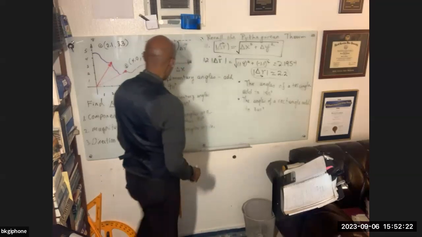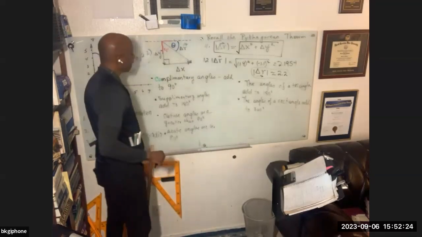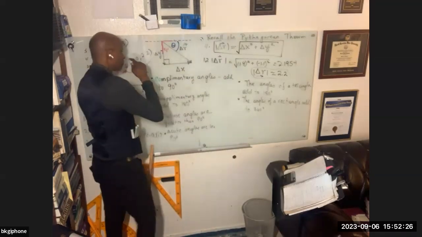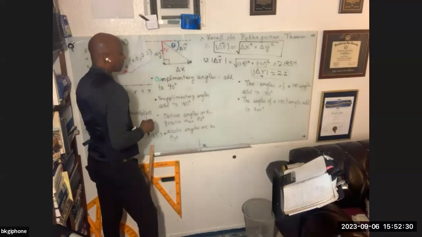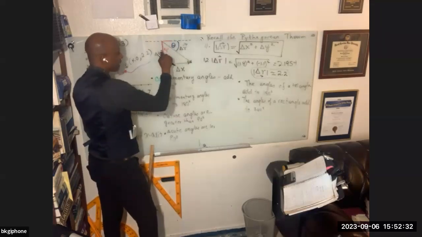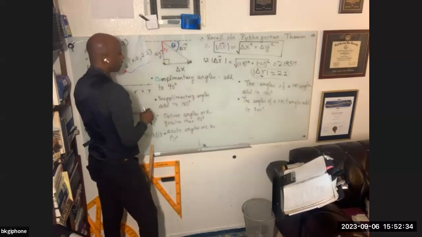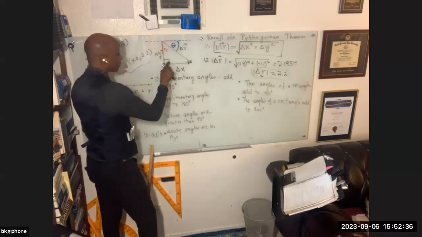All right, so with that in mind, if we look at this triangle, alpha and theta are complementary because they add to 90 degrees. You can see with this corner here, this is a 90-degree angle.